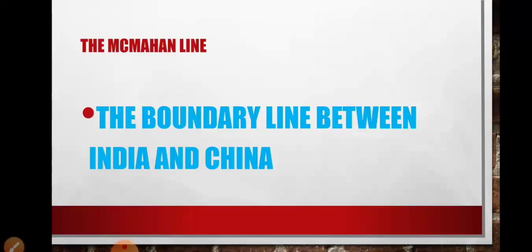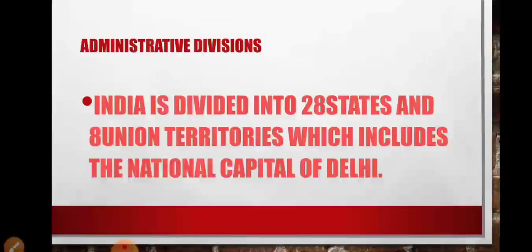Okay, next we will move to the administrative division of India. Well children, India is a democratic republic. So many languages are spoken in our country, and on the basis of the languages, the territories have been divided.